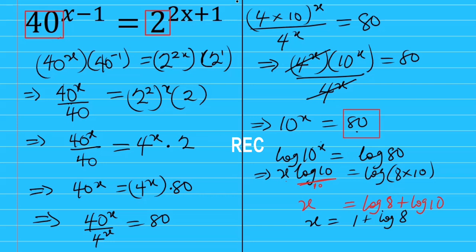And log 8 is approximately 0.903, up to 3 decimal places.